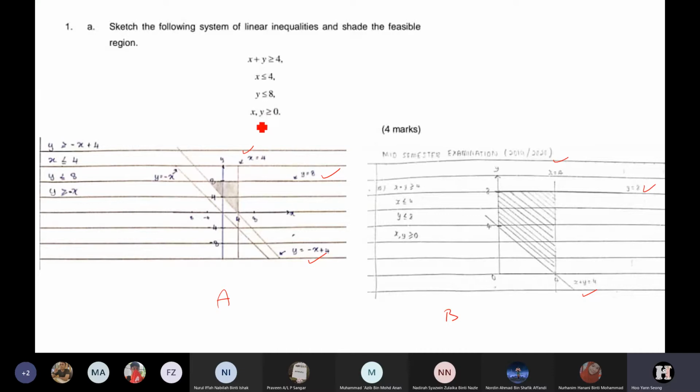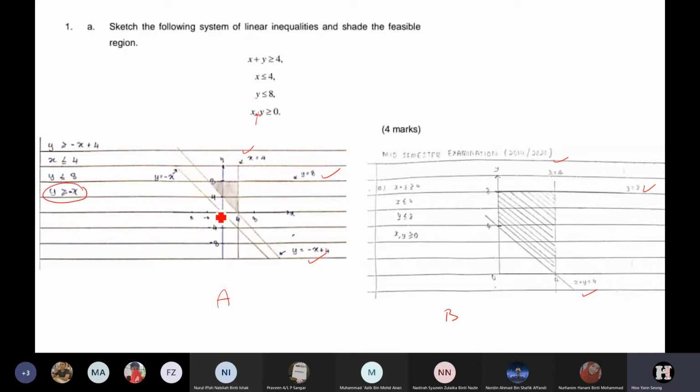The question is xy greater than 0, but what he copied was x plus y greater than 0. I think he just assumed this was a plus. So that's why he gave me the answer y greater than or equal to negative x.